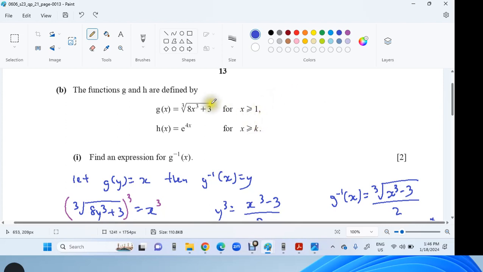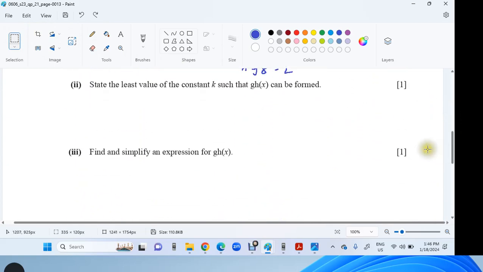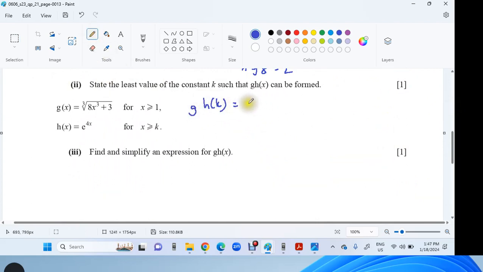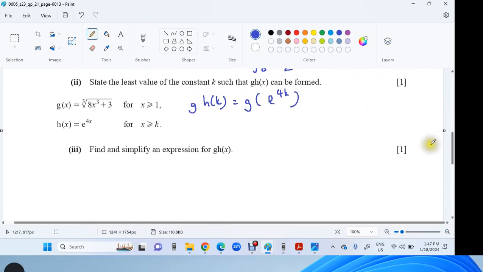But the k here, so we have gh(k). So gh(k) is g of e to the power 4k.